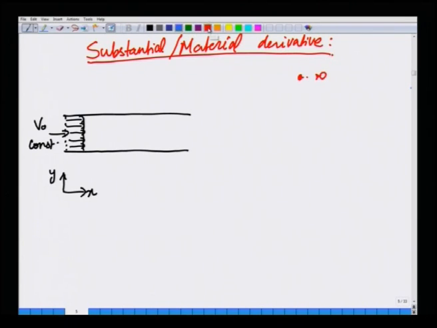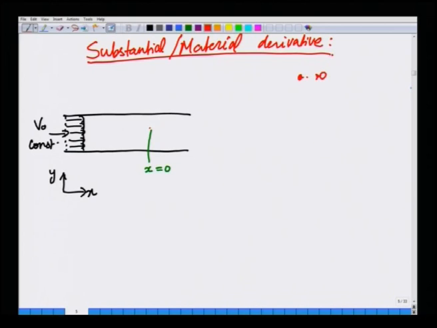Now, let us imagine that there is a location. So, let me introduce a location. This is x equal to 0, and here a fluid particle. Let us focus on two fluid particles, blue and red.